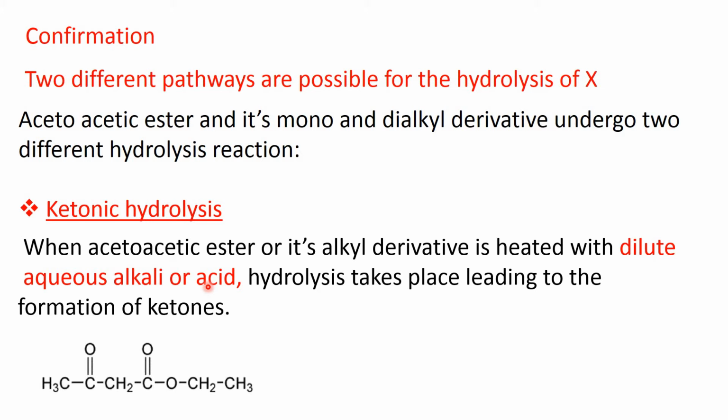Now let's see. This is ethyl acetoacetate. In ketonic hydrolysis, the cleavage takes place in this position. So from here, carbon dioxide is released. And on hydrolysis, from this water molecule, hydrogen adds up to this carbon, so from here you will get acetone, and OH group adds with this carbon, so from here you will get the ethanol.